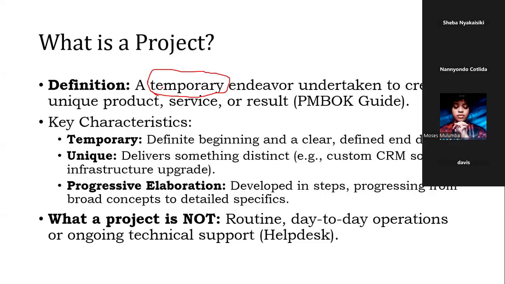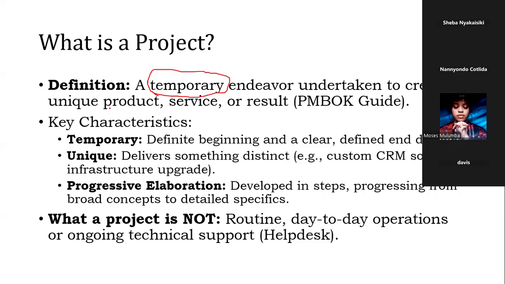So a project is temporary. That's the first thing. It is temporary. It has a start time and an end time. And once the objective has been attained, we no longer need that project. Okay? So it has a start time and an end time. That's the first thing. So it is a temporary endeavor to create a unique product, service, or result.